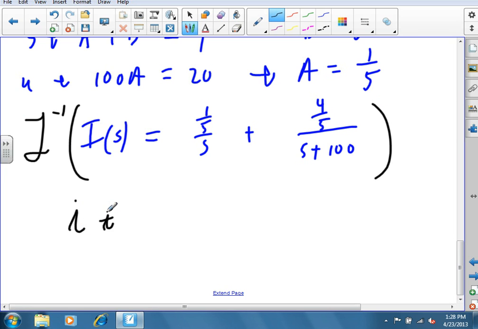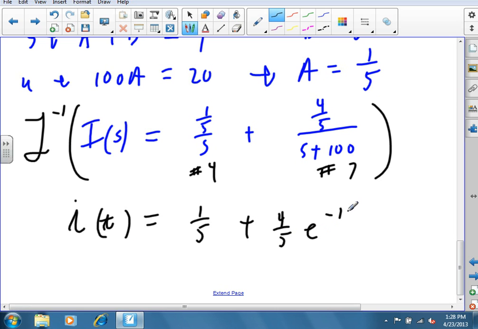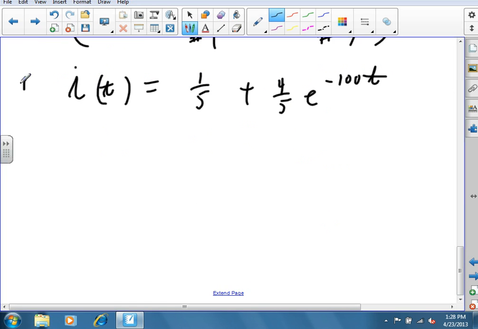I of t equals, this is number 4, that's number 7, 1/5 plus 4/5 e to the minus 100t. And that'd be my final answer. I may have to change it after I've checked my work.